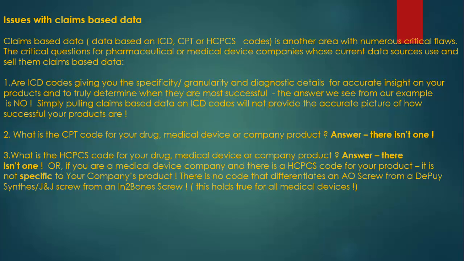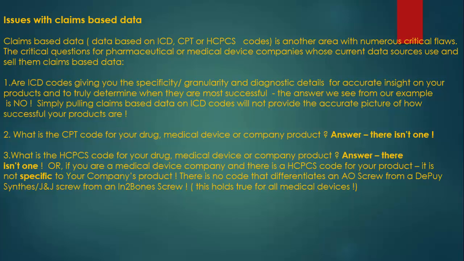The critical point here, there is no differentiation between an AO screw versus a screw that's manufactured by DePuy Synthes J&J versus a screw that's manufactured by Into Bones. There's no differentiation between those. They all have the same HCPCS code.